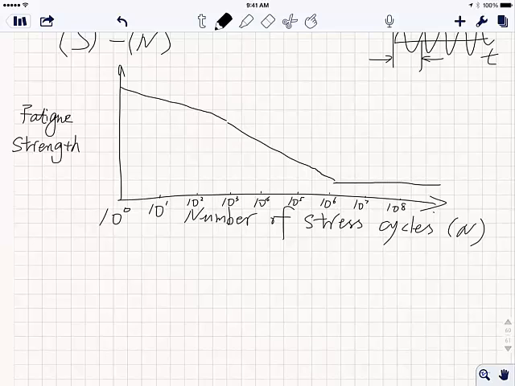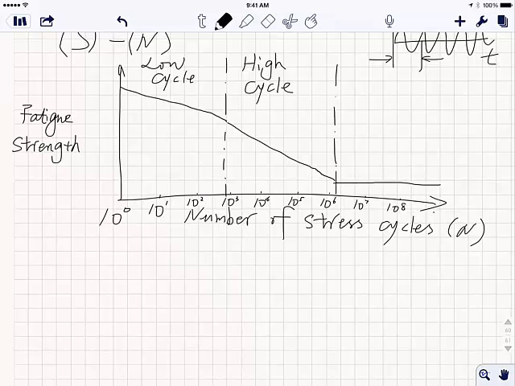In mechanical design, if it's less than 1,000 cycles, we call it low cycle. Over here, we call it high cycle. Past 10 to the 6, we call it infinite life. So this is how we define the number of cycles.